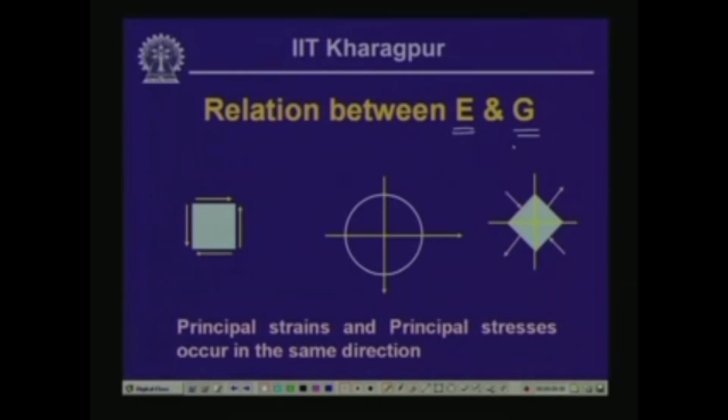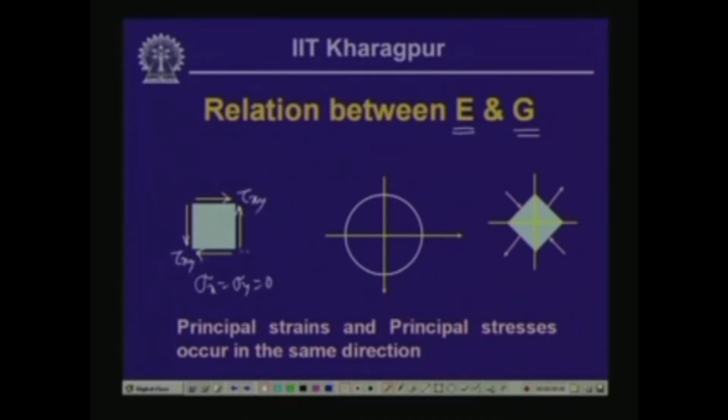Now, we would like to relate these 2 quantities E and G. Now, let us look into a state of stress at a point where the stresses are all shearing stresses acting at that particular point in this element. Now, here the normal stresses sigma x and sigma y are equal to 0, and the shearing stresses are tau xy.